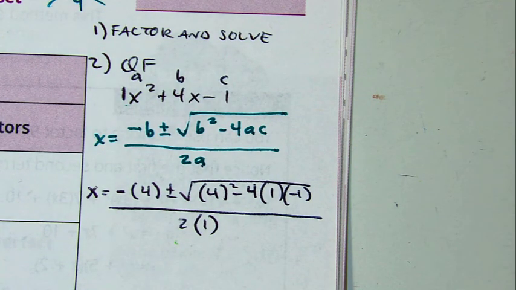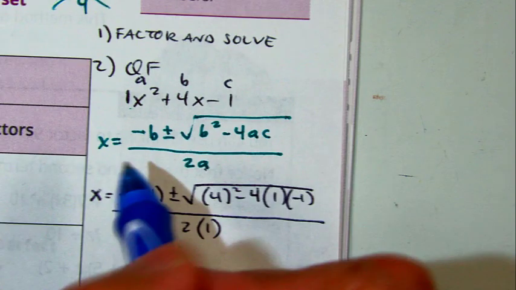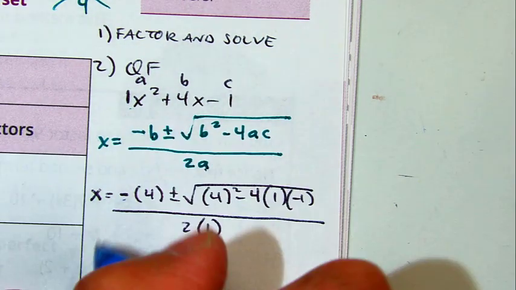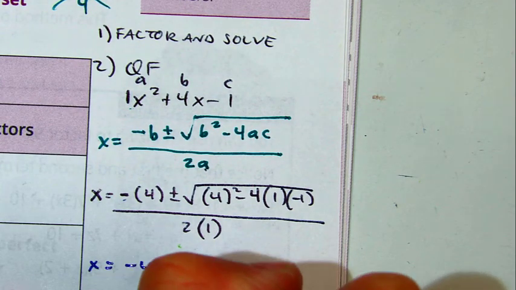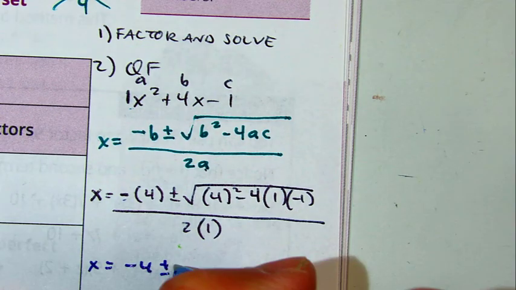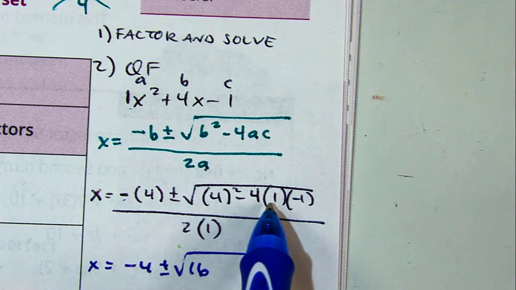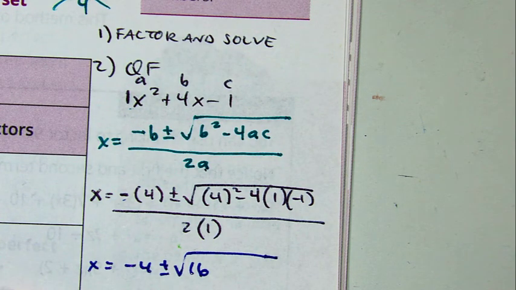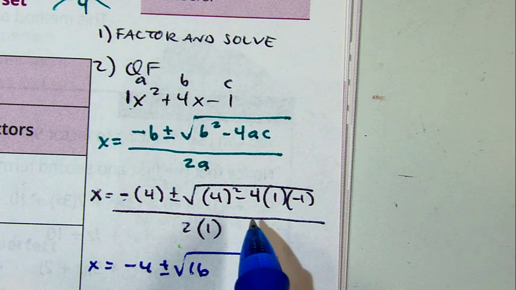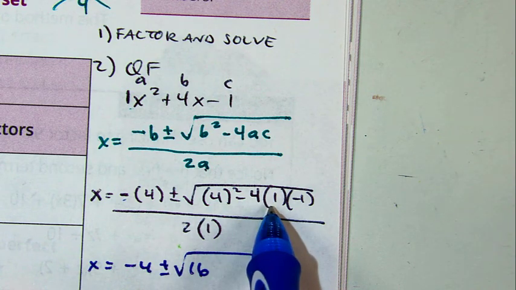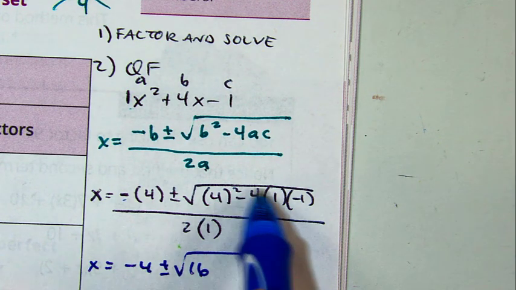And then we're going to simplify. Nancy, what's the opposite of 4? Nancy, 4 squared. Nancy, -4 times 1 times -1. -4 times 1, and -4 times -1.